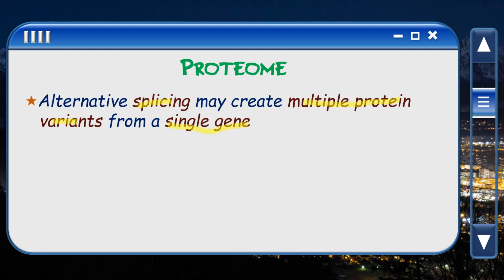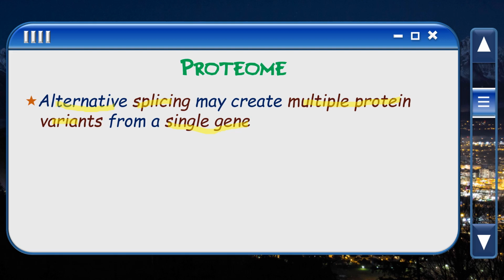A very small change in a single gene can cause the creation of multiple protein variants. When a protein is being synthesized, the type of protein depends on the arrangement of the amino acids.